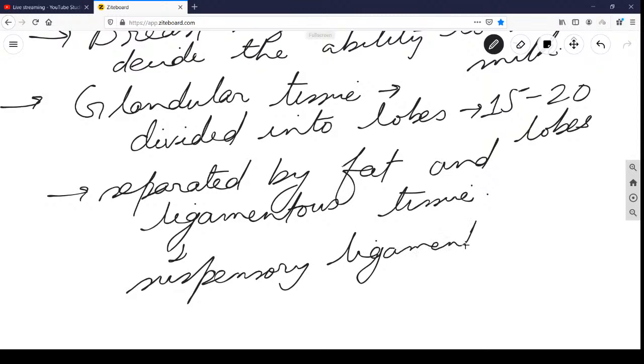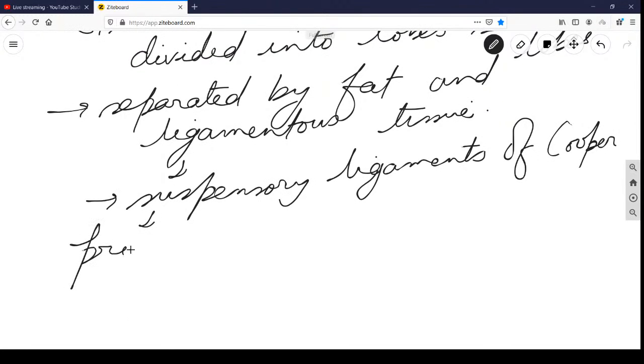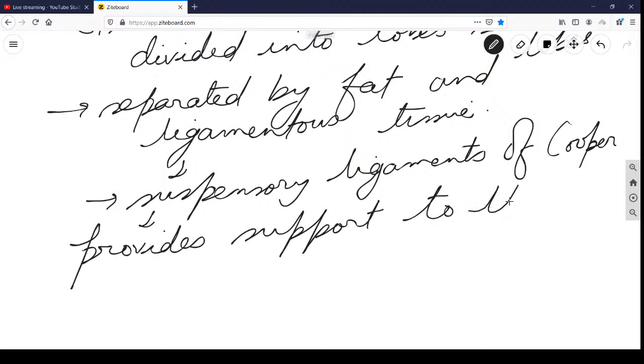Neat question, this is very important. It provides support to the breast, but it tends to be less effective in older women.